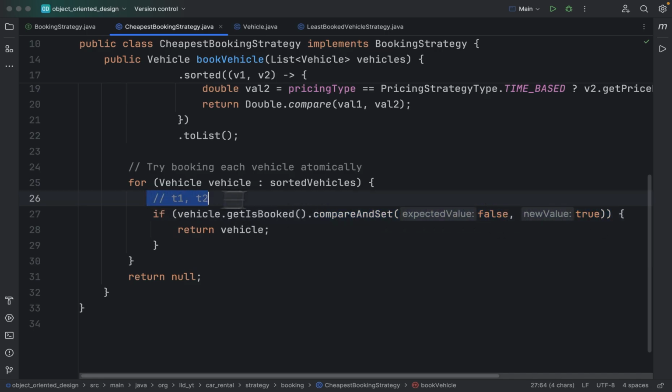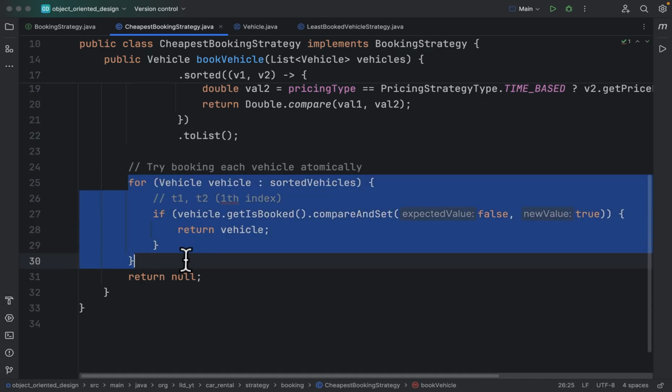So if two threads are trying to book the vehicle at the 0th index, only one of them will be successful. The one which is successful will get this vehicle. The other, which is unsuccessful, will go to the first index, and so on and so forth. That's the reason why I am using this for loop.